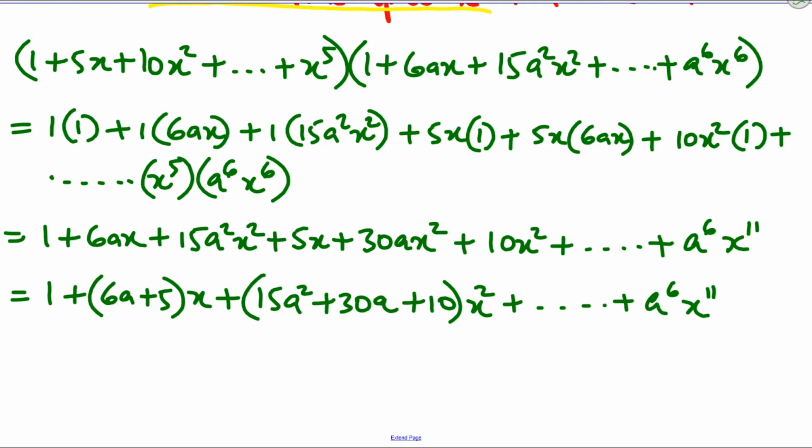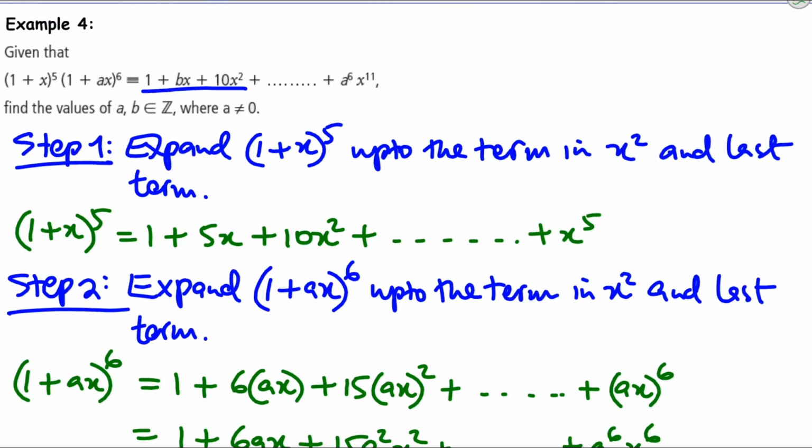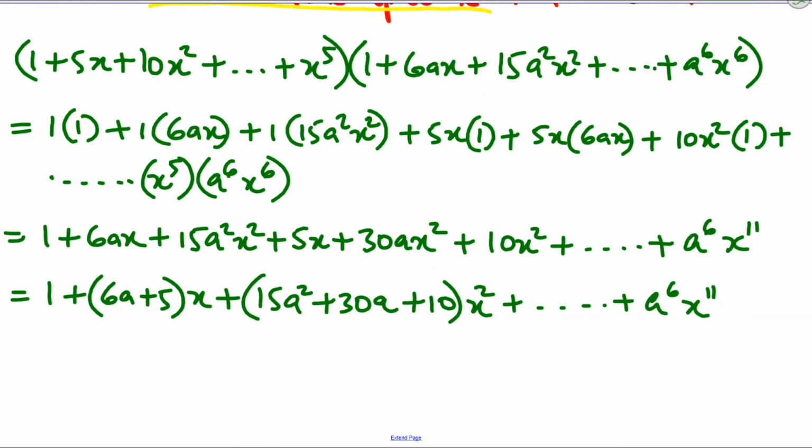So at this stage, from the question, we know that this expansion is equivalent to this expression here, and we want to find the values of a and b. So that would now be my step 4. Okay, I'm now on step 3.